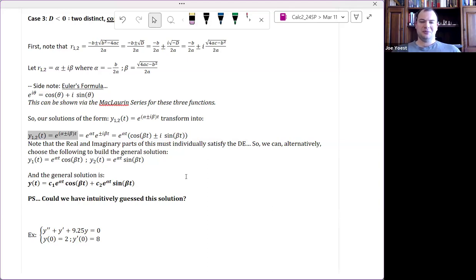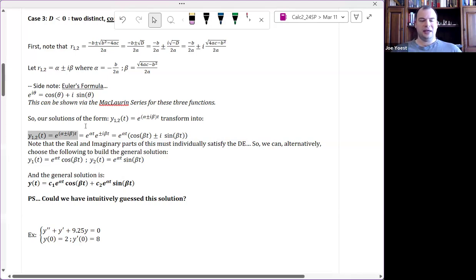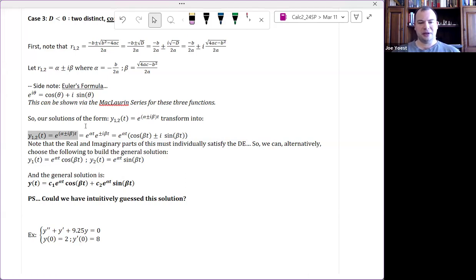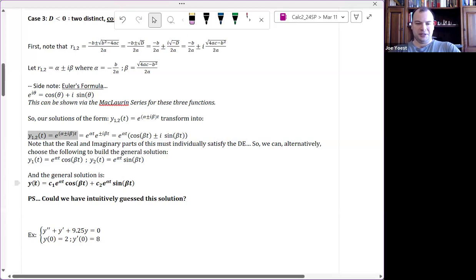And that seems, at the very least, very annoying, right? In the calculus that we're discussing, Calc 1 through Calc 3, we really don't encounter imaginary numbers often at all. And certainly we don't want imaginary numbers in our solution.